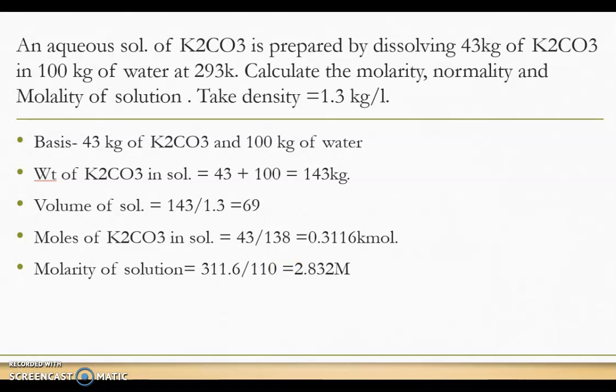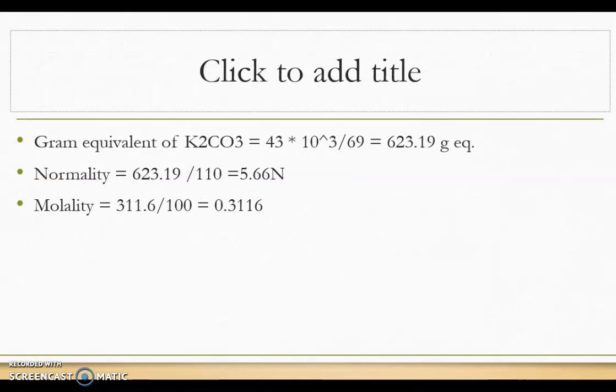So we have found these two values. Then the gram equivalent of K2CO3 we can find by putting it in the equation, and then we can find the normality and molarity. So we have to practice it well to find the normality and molarity, and then we use the equation. It is very important to practice the problems well.